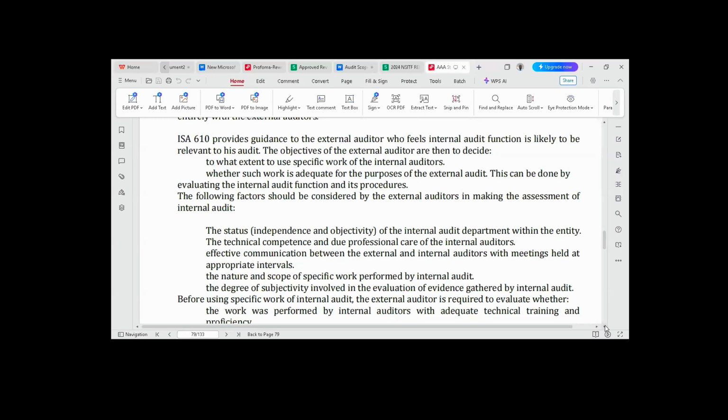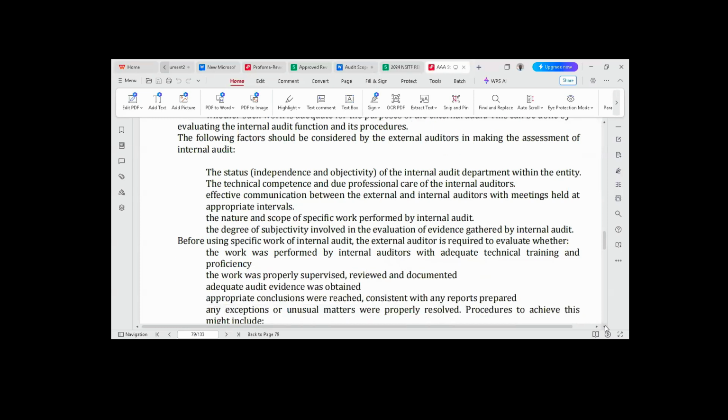This goes a long way to determine whether it's going to rely on the internal audit or not. Okay, it's also going to look at the adequacy of the audit evidence obtained in their audit report, because in the audit report, they're going to talk about how you have obtained your audit evidence. The auditor will review the audit evidence and see whether they are what, whether they are adequate.